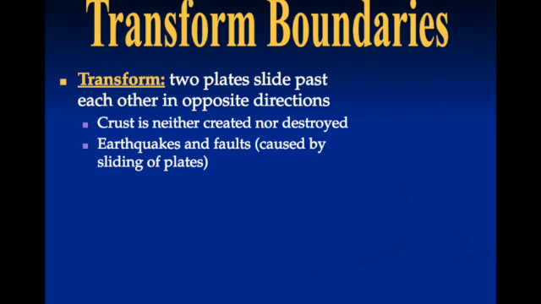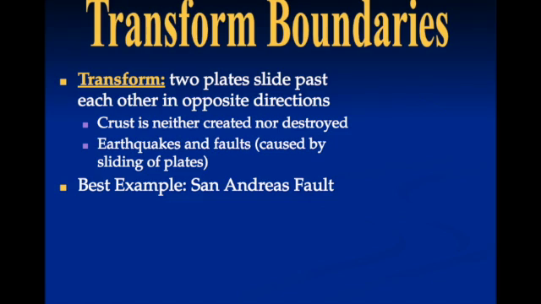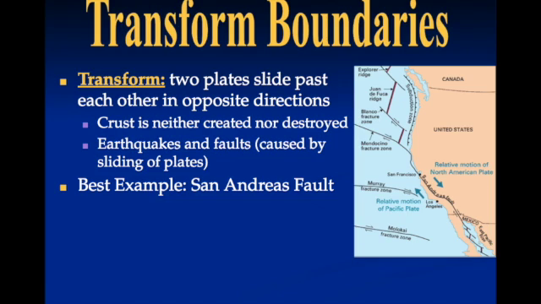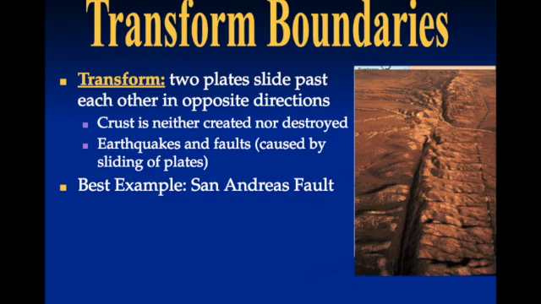And those earthquakes can be just as devastating as any type of convergent boundary earthquake too. Our best example is the San Andreas Fault, which is in Southern California. And there it is right down there. There's an aerial shot of it.